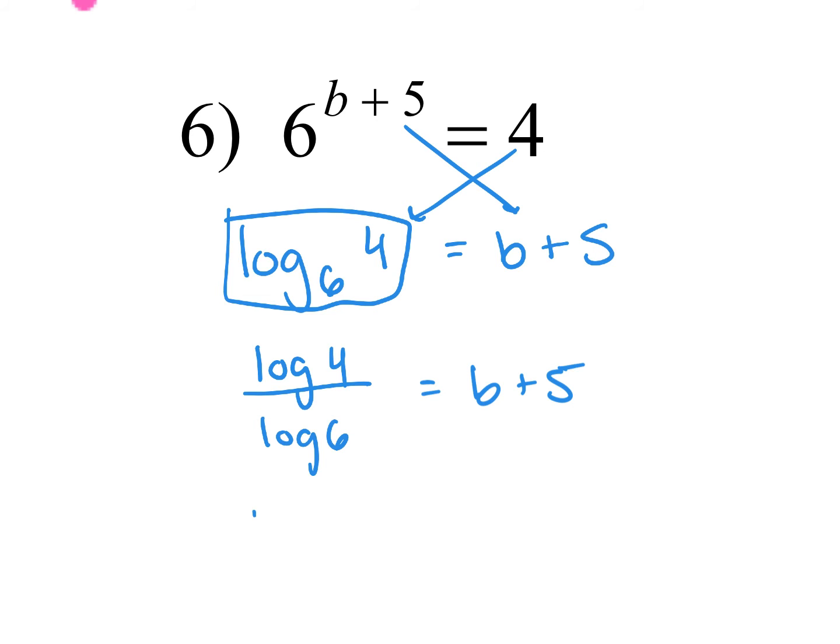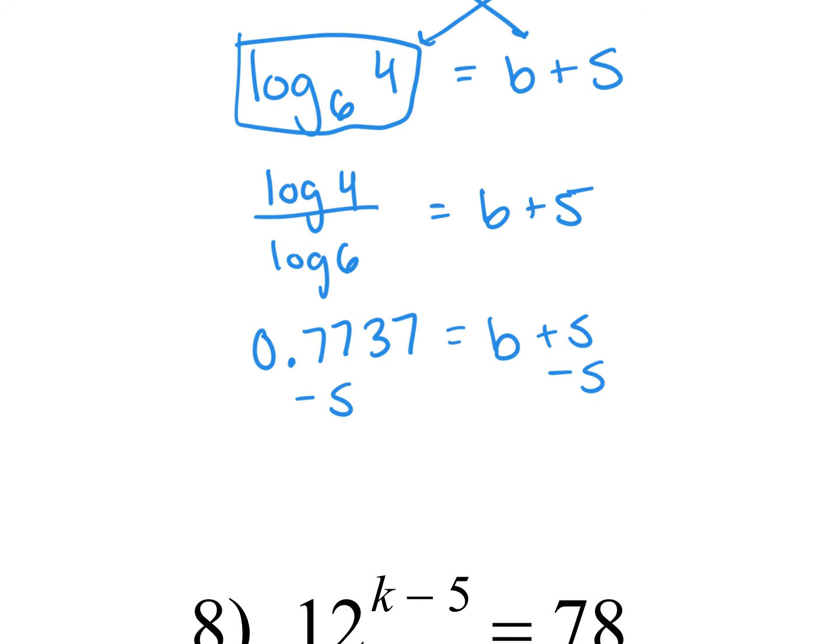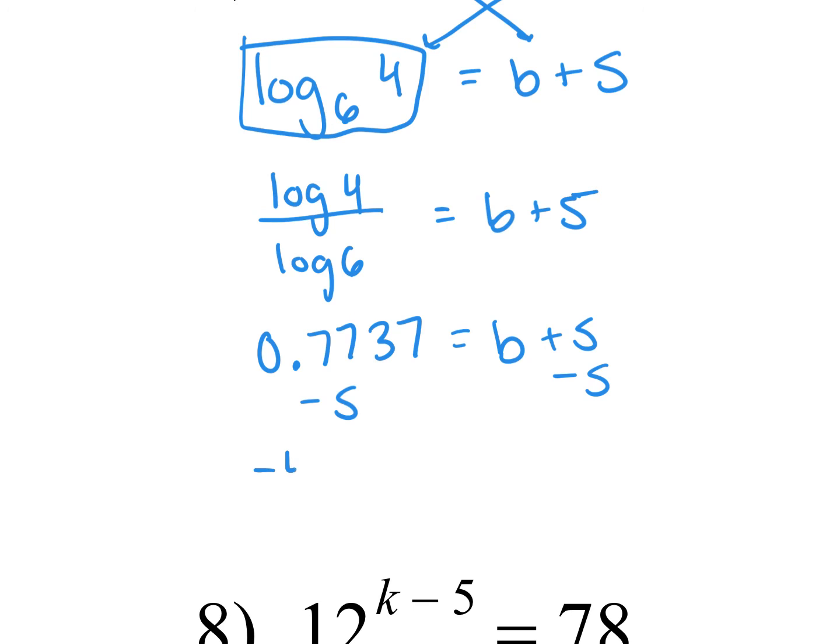So when we put this in the calculator, we should get 0.7737. And then what's the last step? Have to move the 5 over, so I would subtract 5. So I keep that number in my calculator and just put minus 5. So we would get negative 4.226.